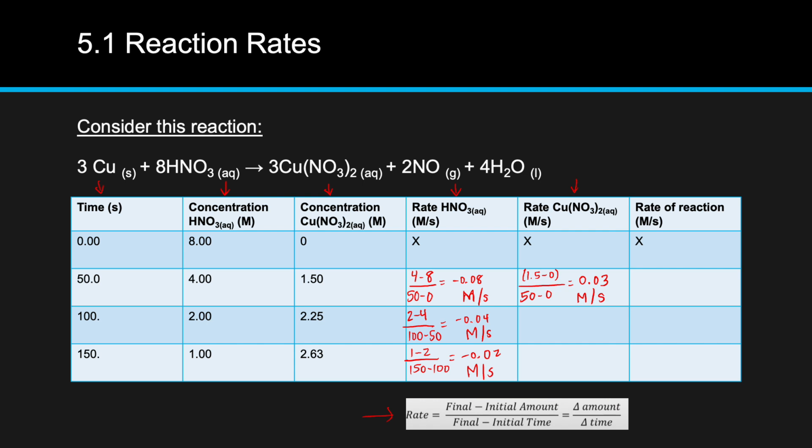So let's go ahead and do that rate for the next two time tables. We have 2.25 minus 1.5 over 100 minus 50. So 2.25 minus 1.5 is going to give us 0.75, divided by 50 is going to give us 0.015 molarity per second.